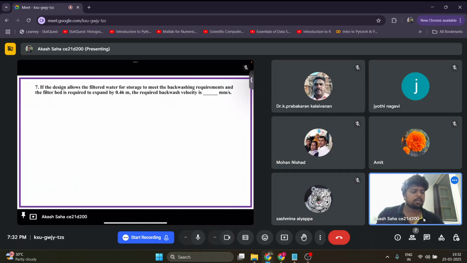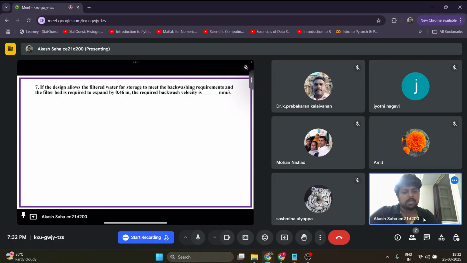Next question. If the design allows the filtered water for storage to meet backwashing requirements and the filter bed is required to expand by 0.46 meter, the required backwash velocity is. Okay, so backwashing is happening. During backwashing, you know that the filter particles will expand, and it is expanding up to 0.46 meter.